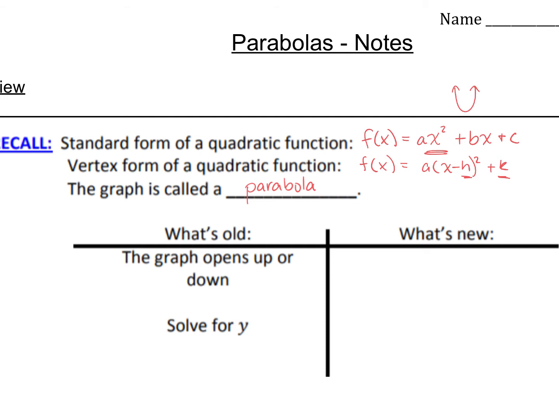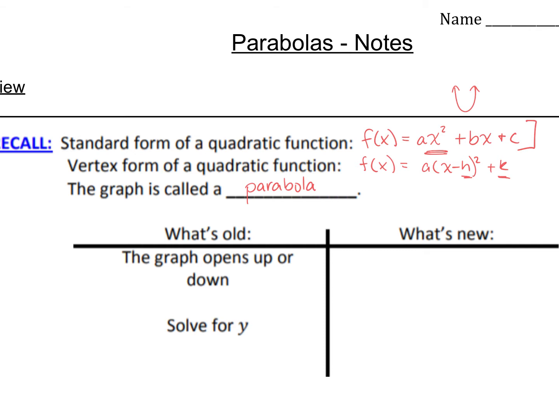So that word parabola is basically just the shape, the graph of that quadratic. So that should be a bit of review. Maybe we haven't talked about a lot of this year, but hopefully you guys recognize this form of the equation here for the quadratic.